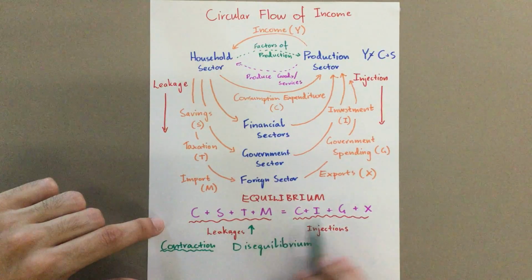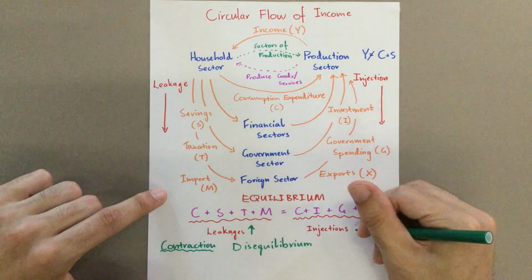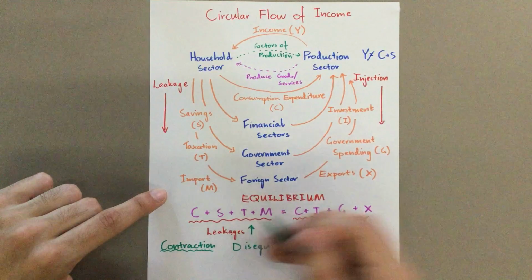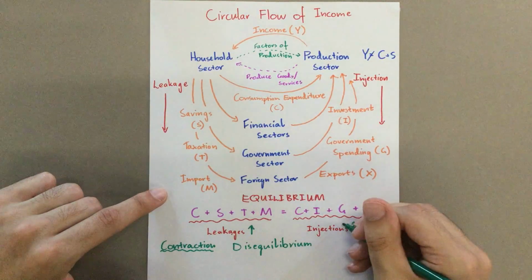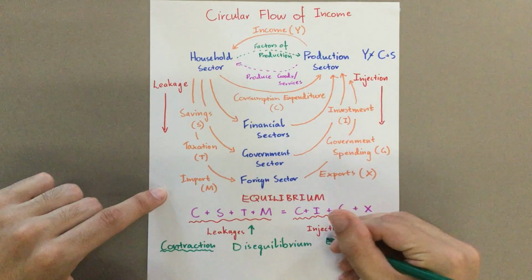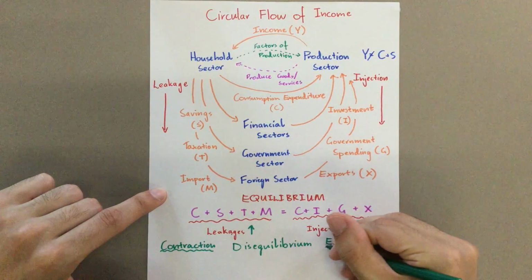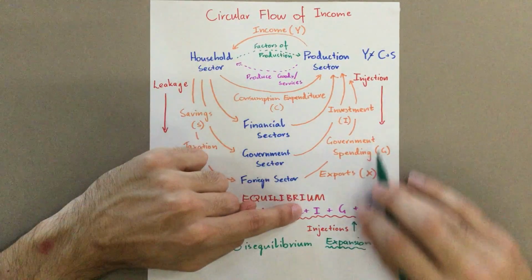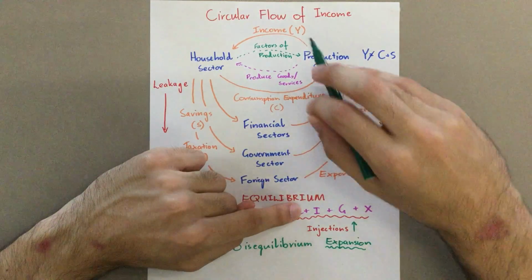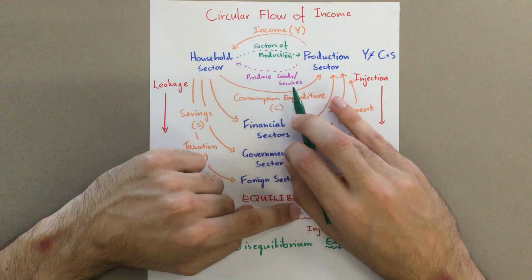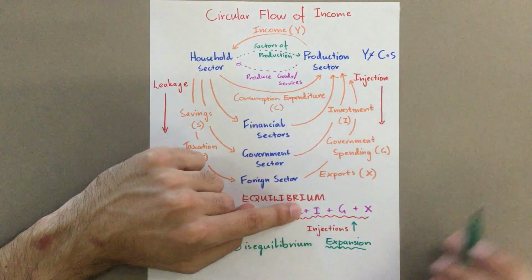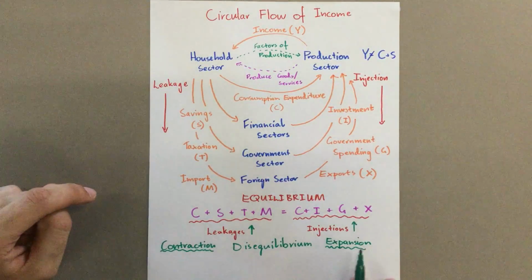Likewise, another form of disequilibrium is when our injections are higher than our leakages. When our injections are higher than our leakages, we have an expansion. So what we find here is that more money is going towards our production sector. So we have an increase in national income, an increase in production. It's not all rainbows and sunshine though.